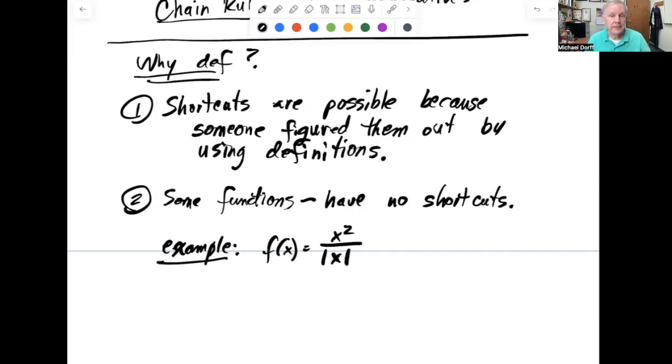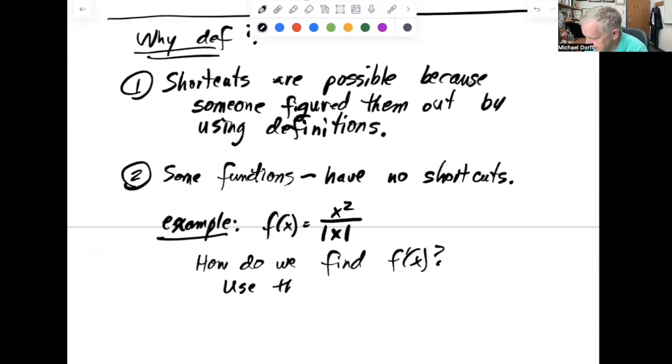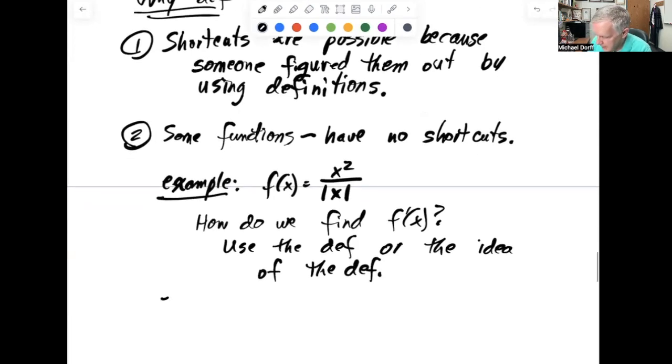Well, now there is a shortcut for just x squared, and there is a shortcut if I have a rational function, like a fraction like I have here. There's a shortcut for that too, but there's not one when I have absolute value of x. Okay, how do we find the derivative? We have to use the definition or the idea of the definition to figure that out.